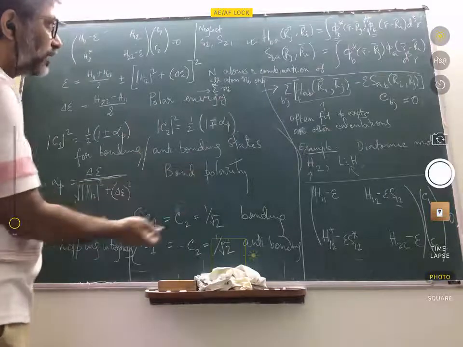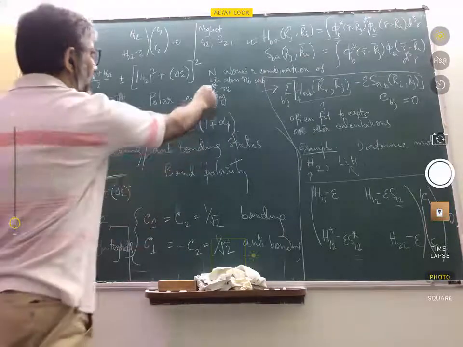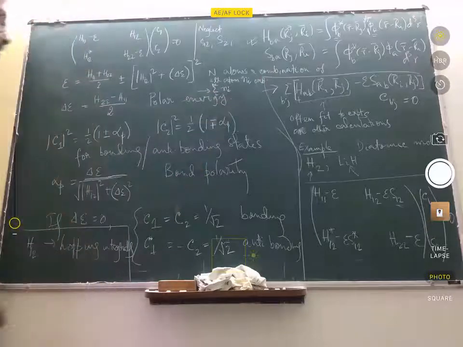And if I want to write it in a matrix form, it will be this times this cross this matrix.